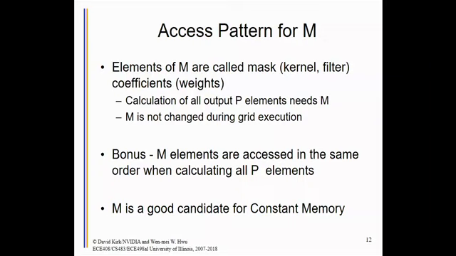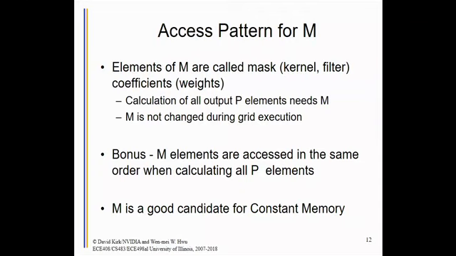Also, every output element will be accessing M in exactly the same pattern. The 25 elements will be accessed in exactly the same order. And so this is going to be important. The M elements are accessed in the same order when calculating all the P elements. And this is a very, very good access pattern for what we call the constant memory.